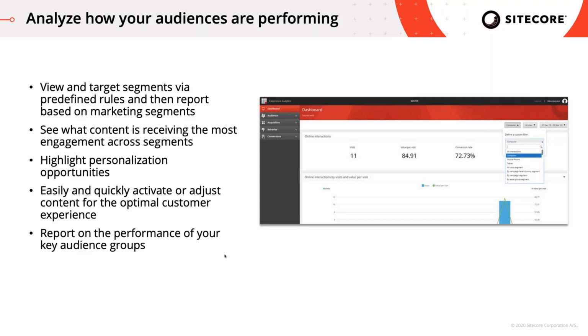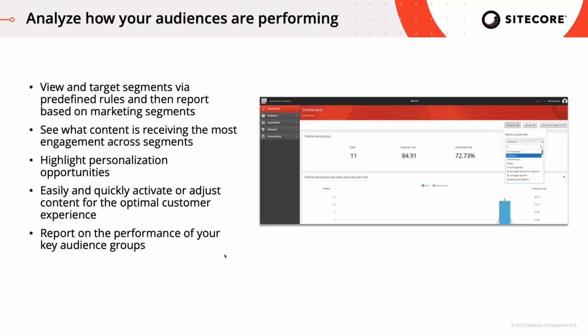We get some of this in the personalization dashboard and how that's working. But having this a bit more at our fingertips helps us understand and leverage the lists that we're building in the marketing segments, to see what content is receiving the most engagement across segments. I think being able to extract this out is super helpful, in terms of working smarter, not harder, on content creation.